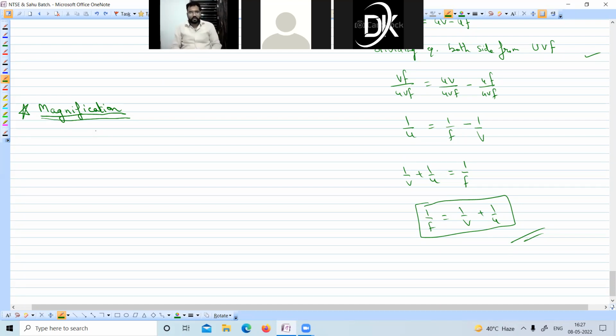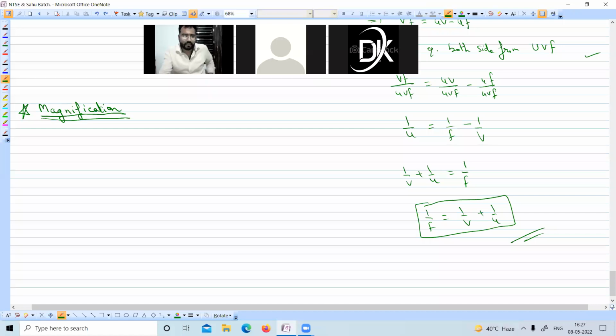No, this is not like that. Magnification simply means the comparison of image from the object, not from any other thing. Simply the comparison of image from the object, whether the image is smaller or larger, that is the comparison we are talking about. So it is simply a comparison.